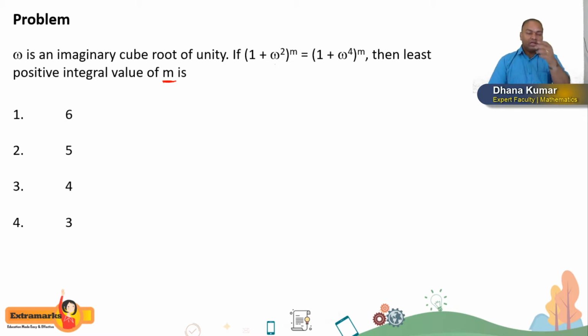Now before solving this one, let us briefly see cube roots of unity. What are the cube roots of unity? 1, omega, omega square.